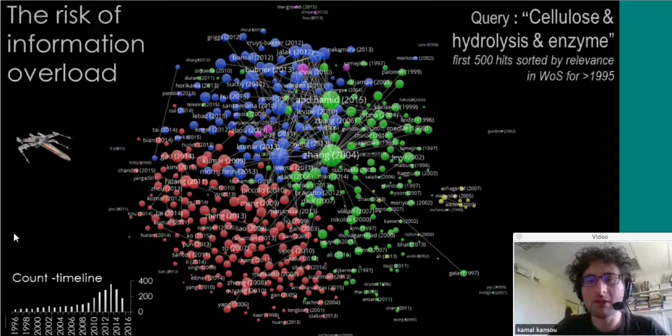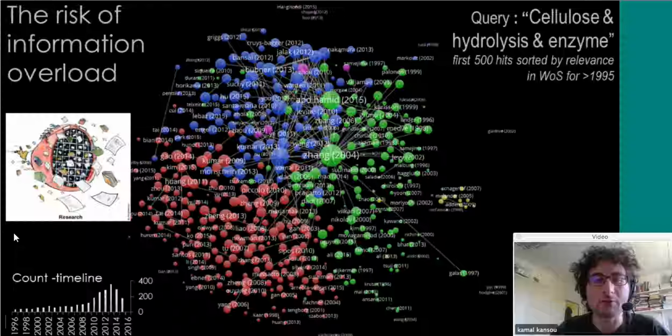This is only the first 500 hits sorted by relevance, but there are more than 4,000 publications about cellulose hydrolysis, and so obviously this is all scattered information, and the challenge for the researcher is to integrate, to digest all this information to develop an overall understanding of the phenomenon under investigation.